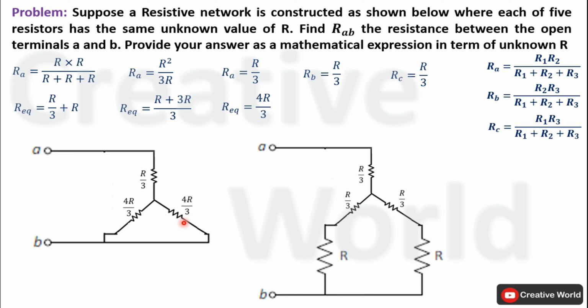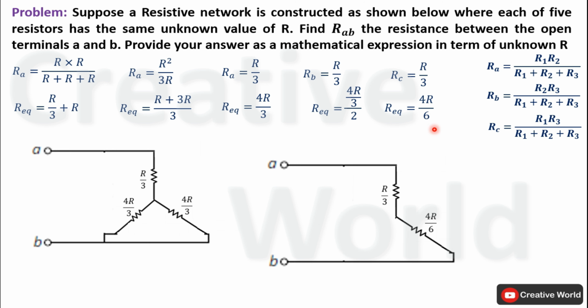In this case, the value of a single resistance is 4R divided by 3, while the same parallel connected resistances are 2. So 4R divided by 3 divided by 2. It will be equal to the equivalent resistance of this parallel connection. Solve this equation. Denominator value will be multiplied with 3. The equation will become 4R divided by 6. Update this circuit diagram by replacing these two parallel connected resistances with their equivalent resistance 4R divided by 6.